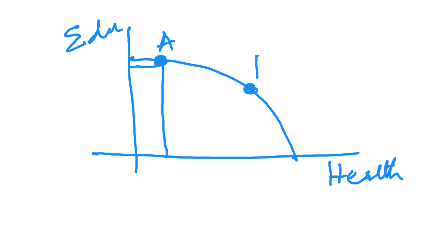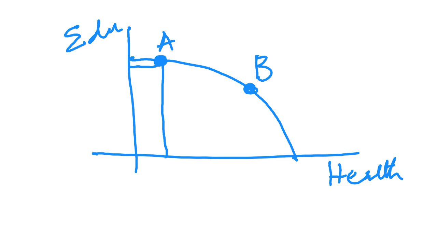Remember, both points are efficient. I told you when I was discussing the production possibility curve that any point that lies on this curve is efficient. So point A is efficient, point B is also efficient, right?